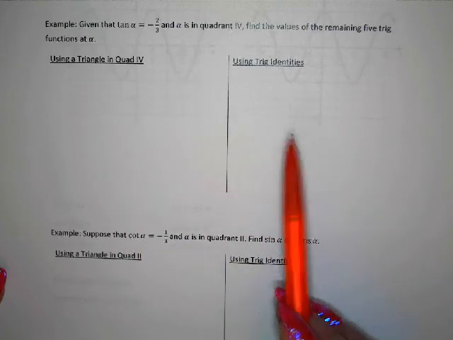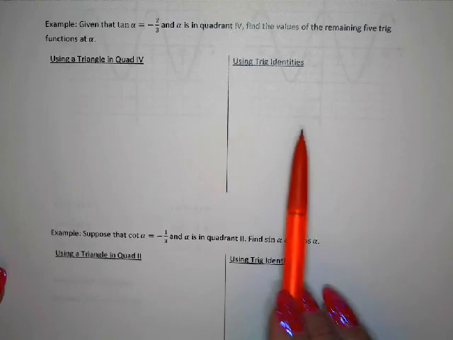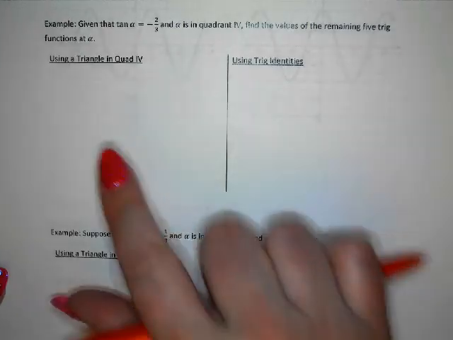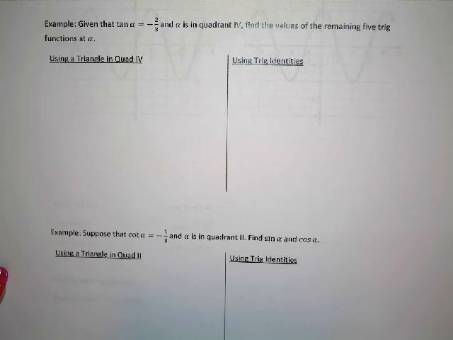The textbook is set up for you to only use trig identities, but I had already taught you about using the triangles. So if you want to use the triangles, that's totally fine. I think honestly they're about the same level of difficulty. It just kind of depends on how your brain feels about it. So let's go ahead and try it. We'll set it up both ways and then we can go from there.